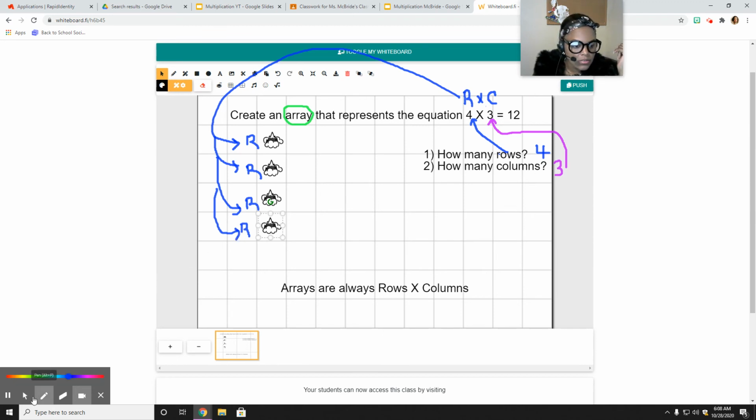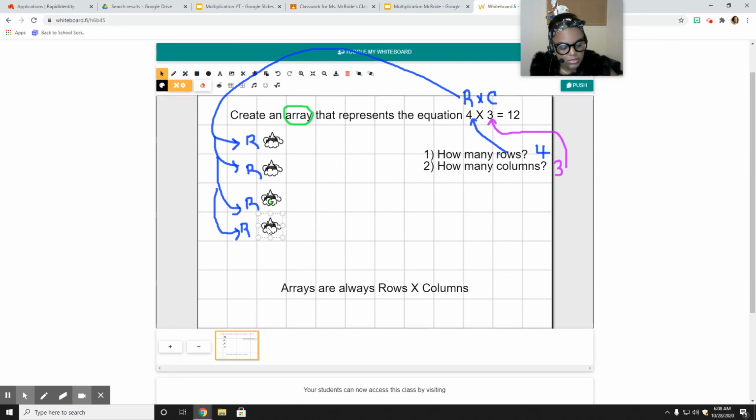Now, let's do some columns. We need how many columns? 3. Perfection. Let's create 3 columns. 1, 2, 3. Now we have to fill in the array. We're going to fill it in because we need every row to have 3. We need every single row to have 3. 1, 2, 3. 1, 2, 3. 1, 2, 3.